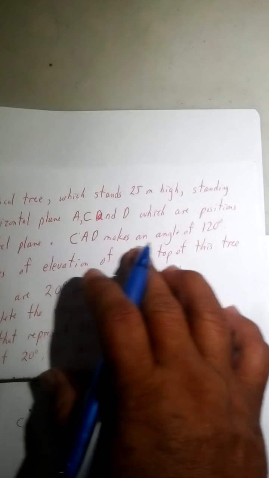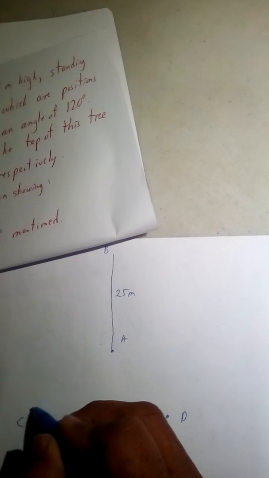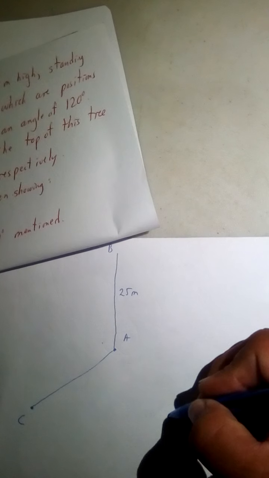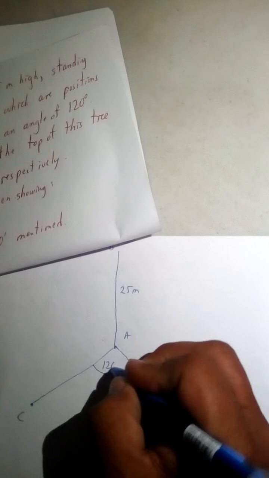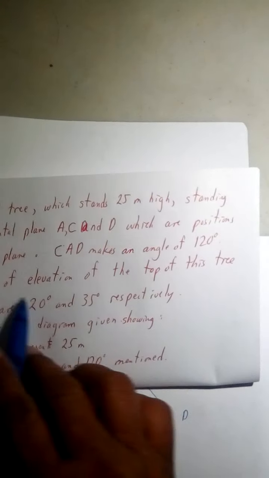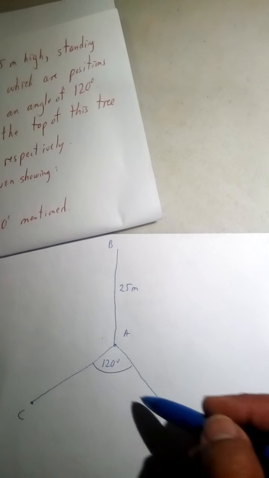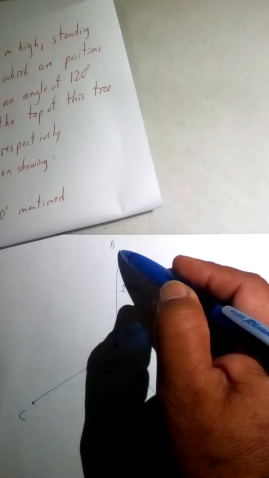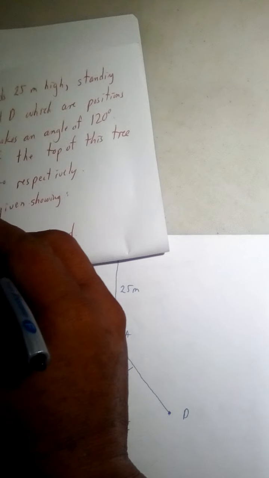Angle CAD makes an angle of 120 degrees. So that's 120 degrees right there. Okay, that's what the problem said. While the angles of elevation of the top of this tree B, which is the top here, from C and D are 20 and 35 respectively.